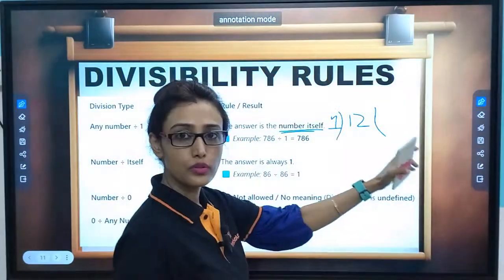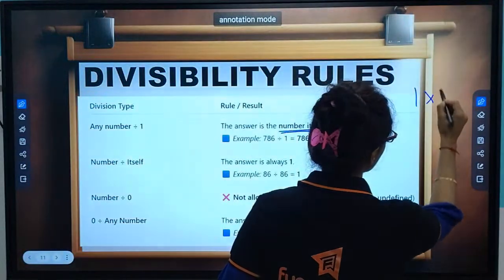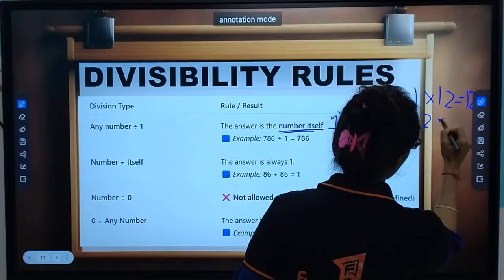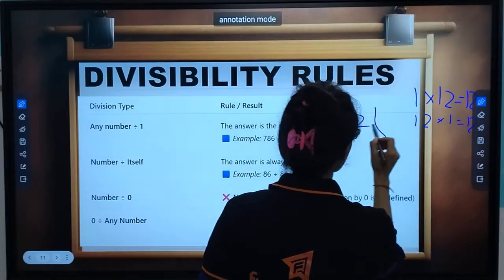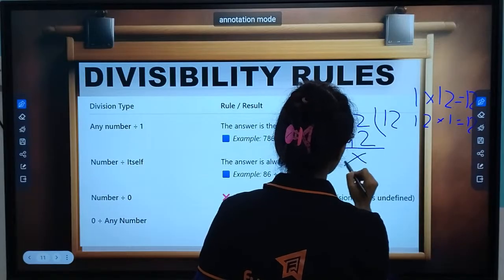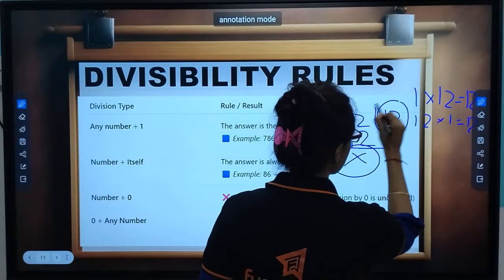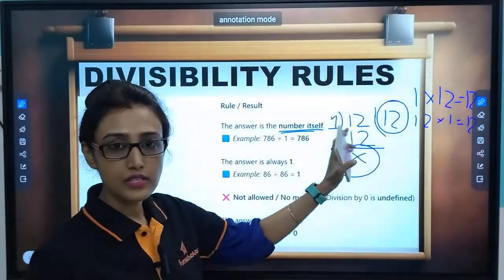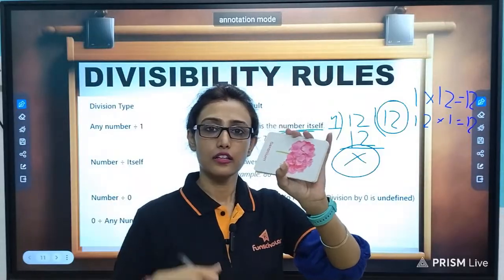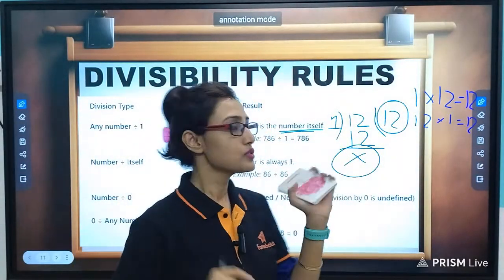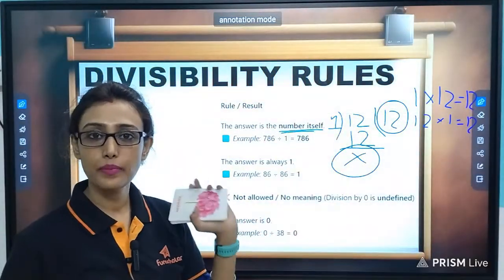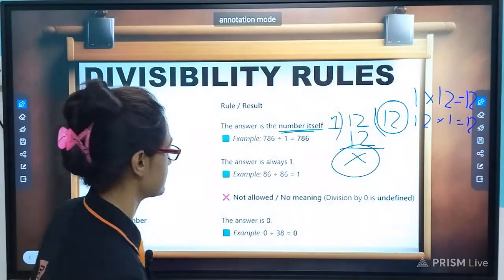So 1 into 12 equals 12, or 12 into 1 equals 12. So 12 ones are 12. Did we get the same number as the dividend? Because I am the one getting all the cards. There is no other person. That is why any number divided by 1 will always be the number itself.